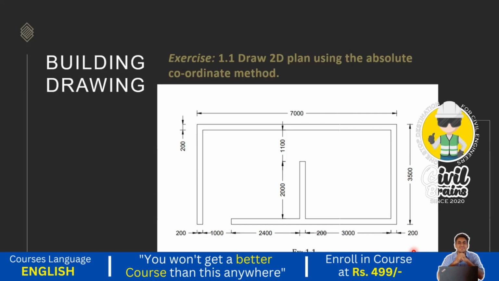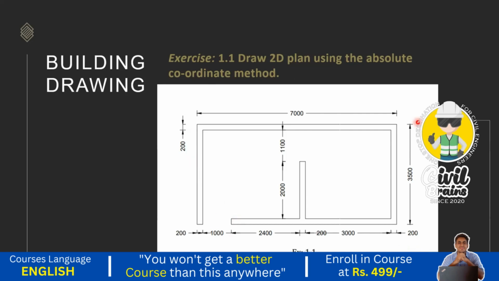Whatever load is there from the top, it will transfer to the beams. From the beams it will transfer to the columns. From the columns it will transfer to the foundation or footing. From the footing it will transfer to the ground. Okay, that type of structures we call frame structures. So I have quickly cleared this. Okay, next we go.